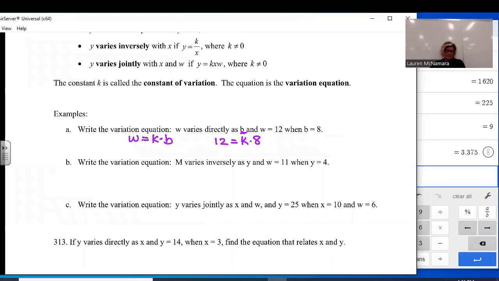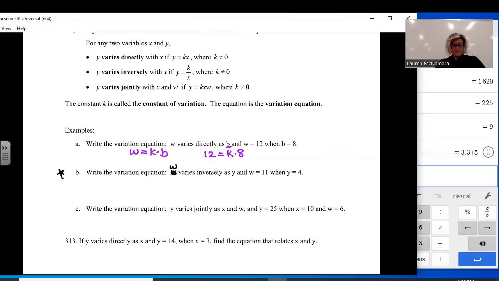Let's look at B. As I was getting ready to do this B example, I realized there was something written incorrectly. So I crossed out that M, and it should be W. All right, so now I'm going to go back up here and look.